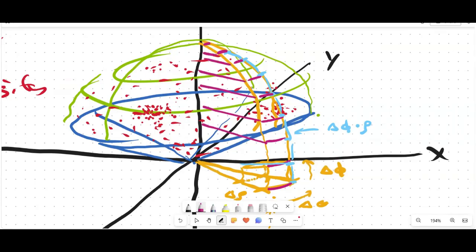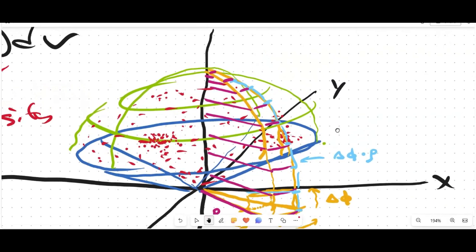And those distances are getting smaller. Down here, you've got this nice healthy distance, the full length rho. And so that delta theta corresponds to this large change in length over here.